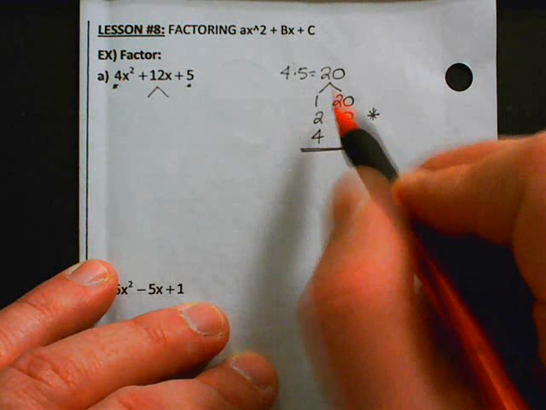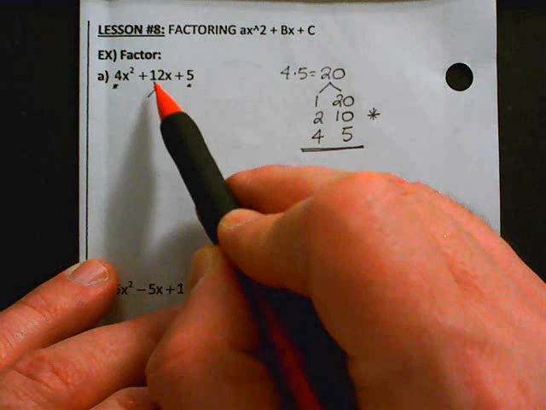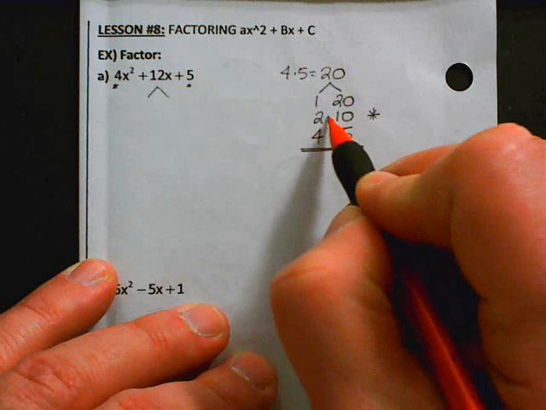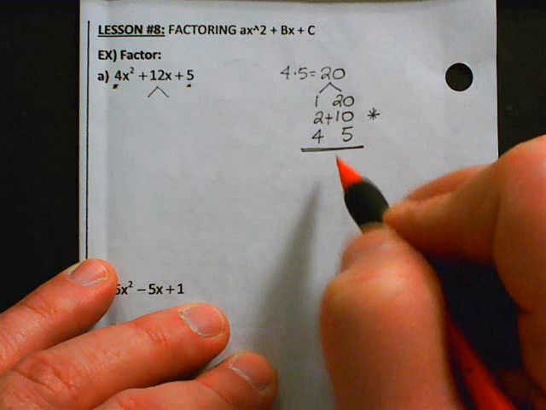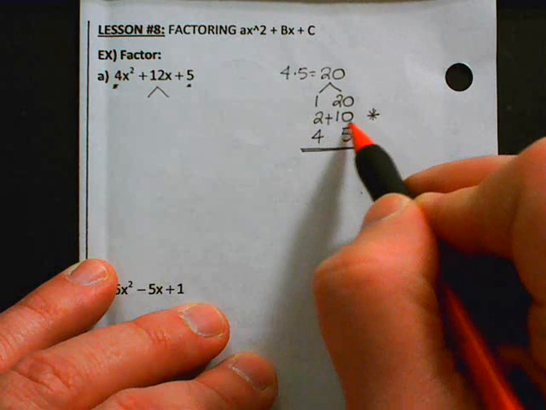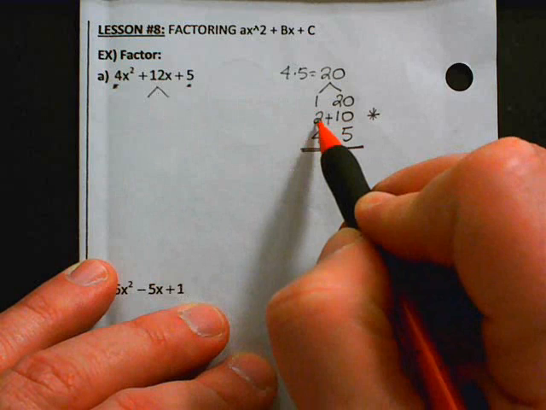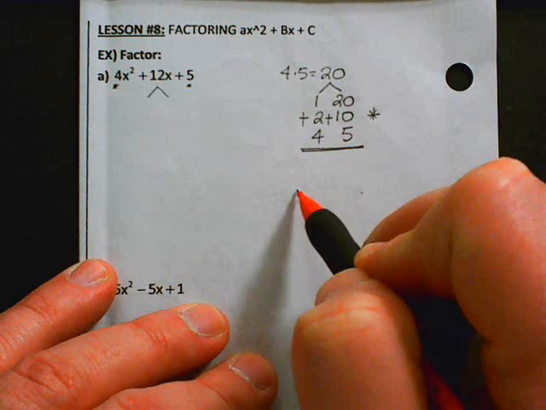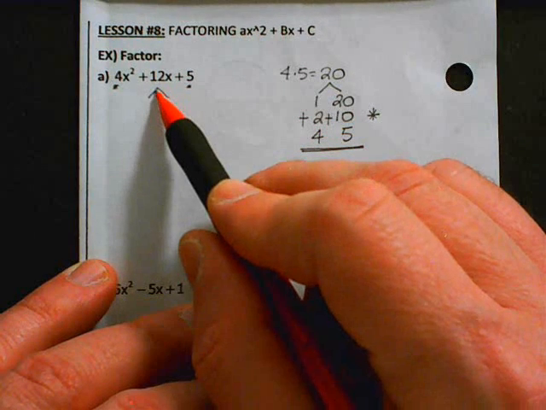Now, I need to decide on the signs of these numbers. To decide that, again, you focus your attention on the middle term. The middle term is positive, so the biggest digit will be positive. And if this is positive 10, and I want positive 12, what does the sign of 2 have to be? The sign of 2 has to be positive, because positive 10 plus 2 gives me a positive 12.